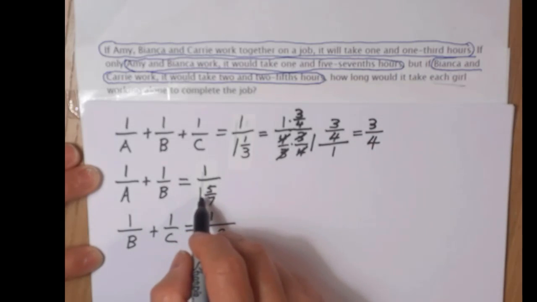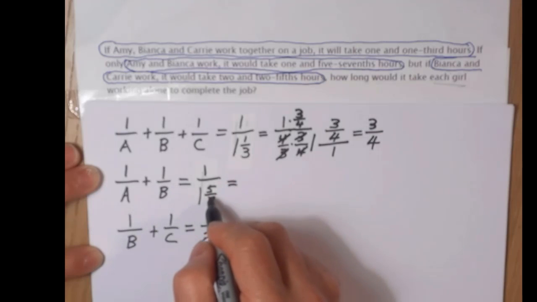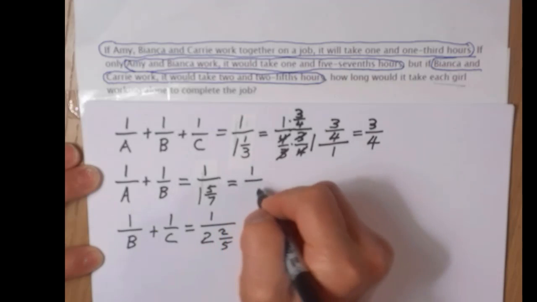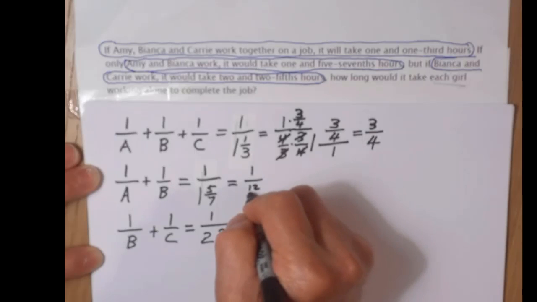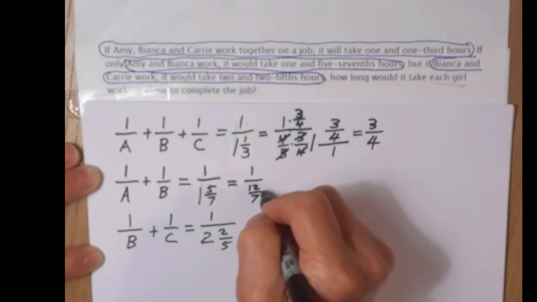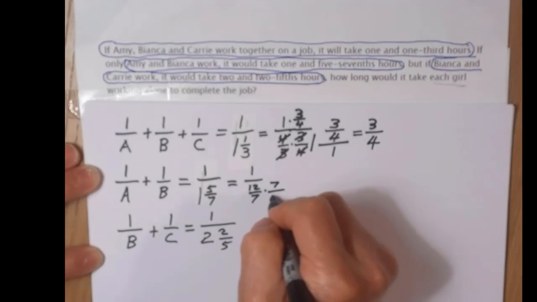Same thing over here. 1 5/7 is actually 12/7. So it's 1 over 12/7. Multiply both the numerator and the denominator by the same number, which is the reciprocal here, 7/12.